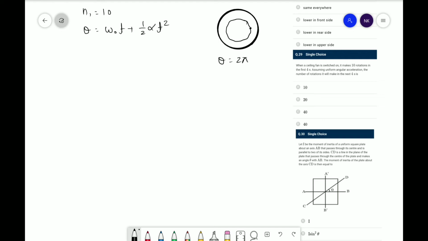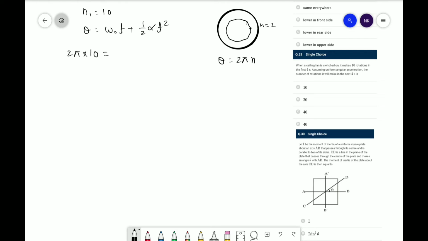For completing one cycle n is equal to 1, for completing two cycles n is equal to 2, for completing three cycles n is equal to 3. Therefore for completing n cycles, after every 2 pi displacement it will reach the same position. Hence theta is equal to 2 pi n, and the value of n1 is given as 10. Therefore 2 pi into 10.